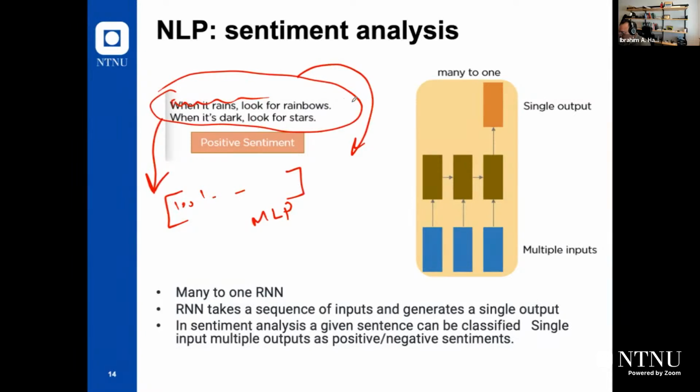So I need to do some truncation. I need to cut, to ignore some part of the review. And if it's too short, I need to use zero padding, so the rest of the vector will be just zeros. And I will feed this vector to my multi-layer perceptron. So in this case, the multi-layer perceptron will have a huge amount of parameters, correct? And the chances to overfit will be very, very high because the input must be fixed.